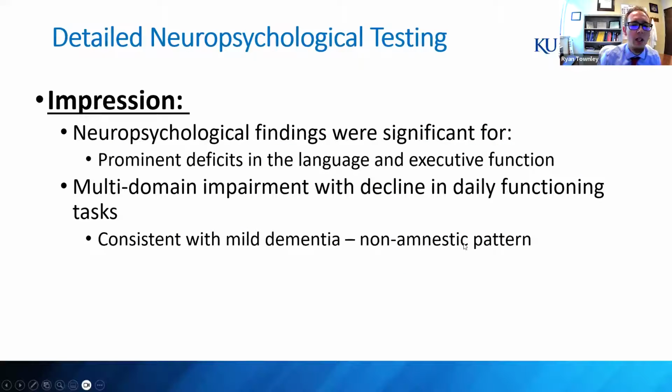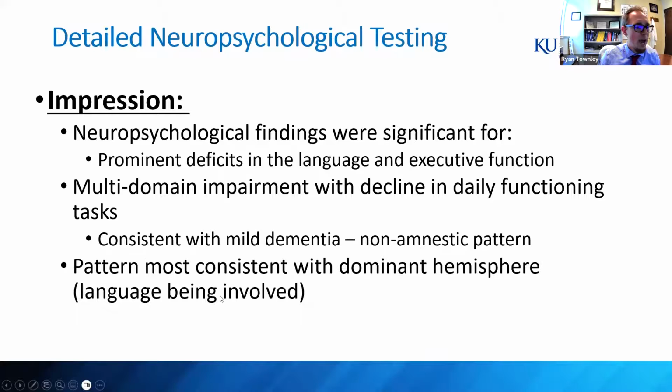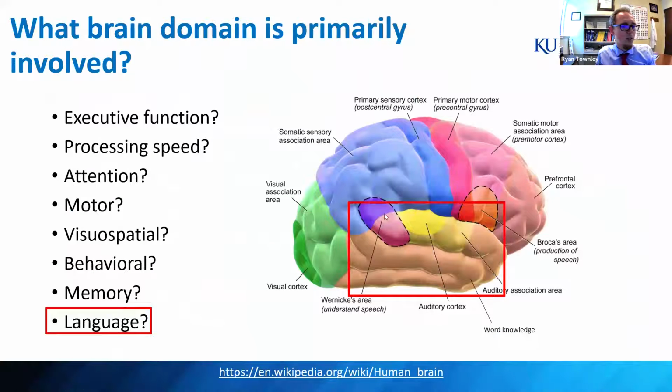It's in this non-amnestic pattern though, and with that pattern being more of the dominant hemisphere, the language piece involved. Technically, this could still be due to Alzheimer's disease or frontotemporal disease. Both of those can cause aphasia syndromes. So we're thinking language is where I'm focusing in.